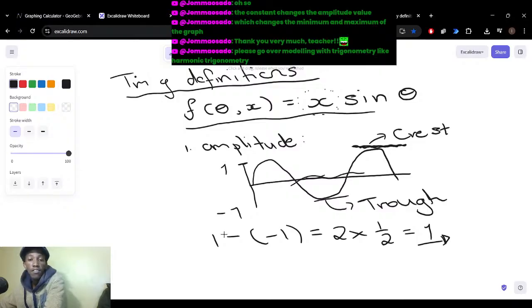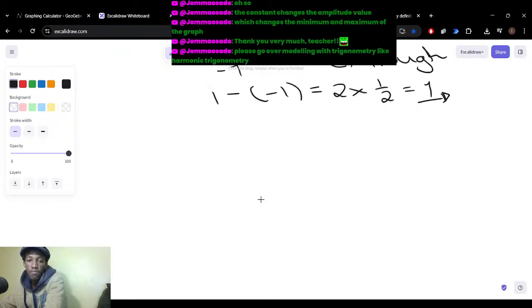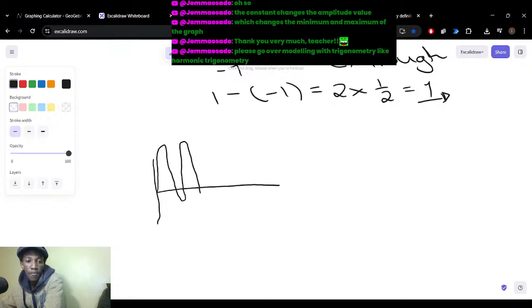So this is the amplitude of this function, right? Yeah. But also be very careful. For example, you'll be given graphs like this, where you'll have something like this, and so on and so forth.